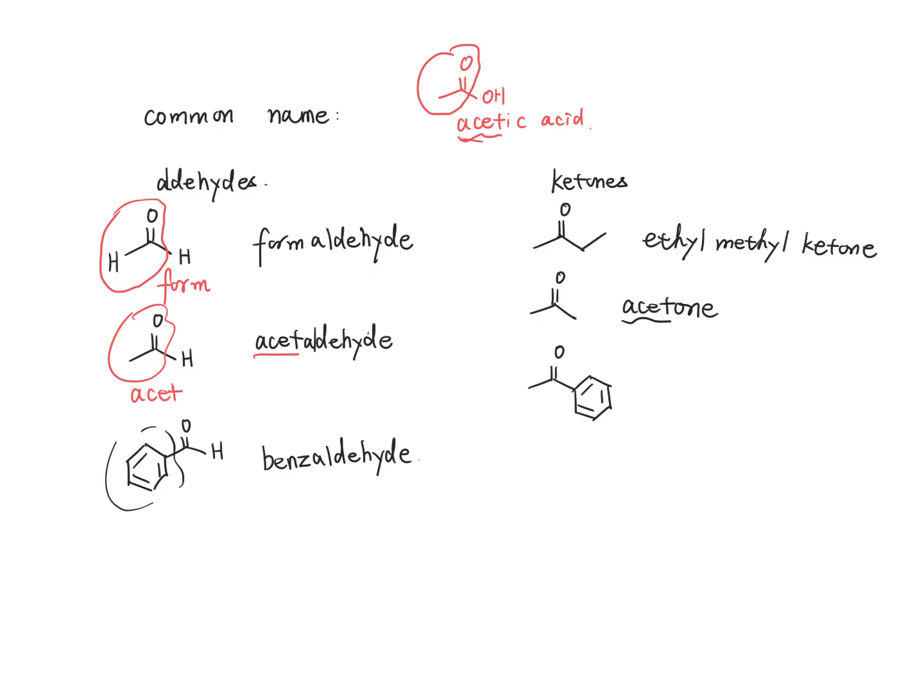If you are looking at this part right here, this is a phenyl group, and we call it acetophenone. Okay, acetophenone, common names. And the last one is now we swap that methyl group to a phenyl group, and it is benzophenone.